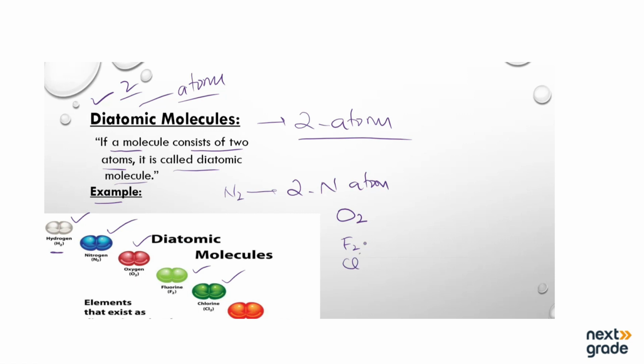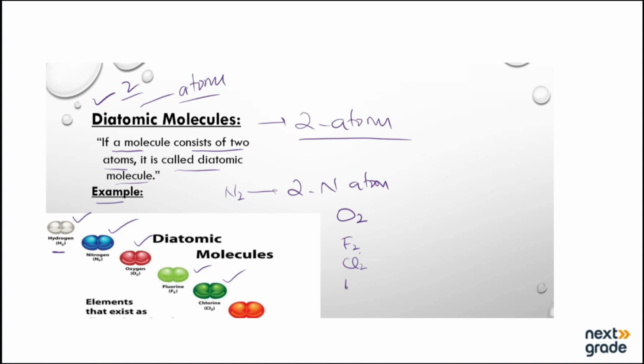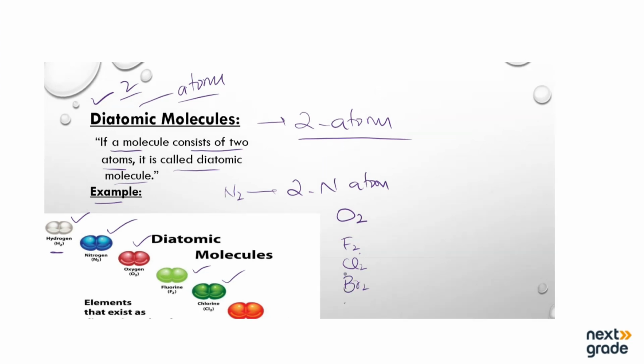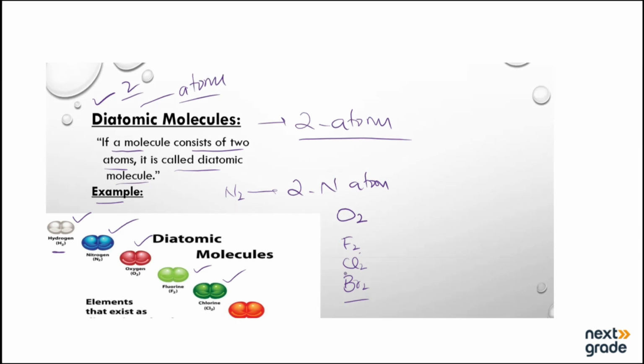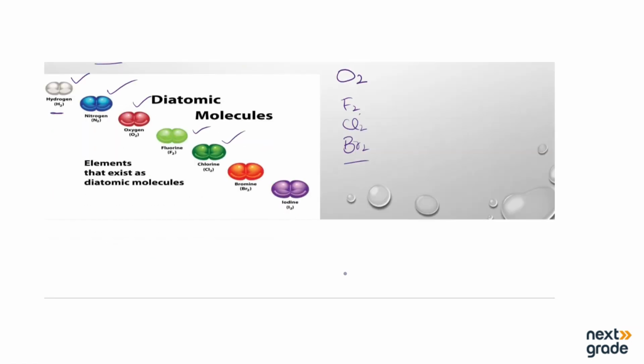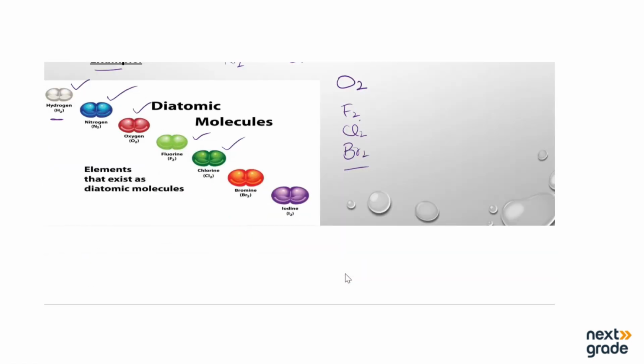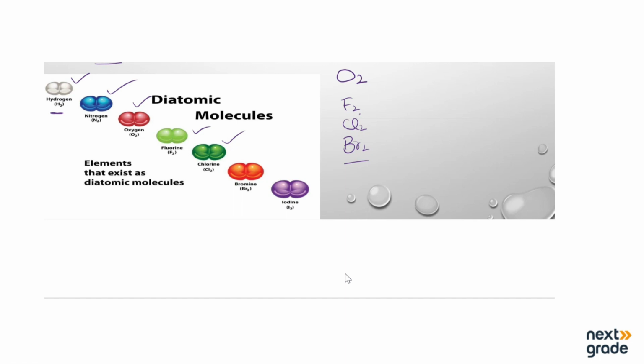Chlorine is an example of a diatomic molecule. Next, we have bromine, Br2, also a diatomic molecule. The diatomic molecules always exist in diatomic form. They do not exist in monoatomic form.